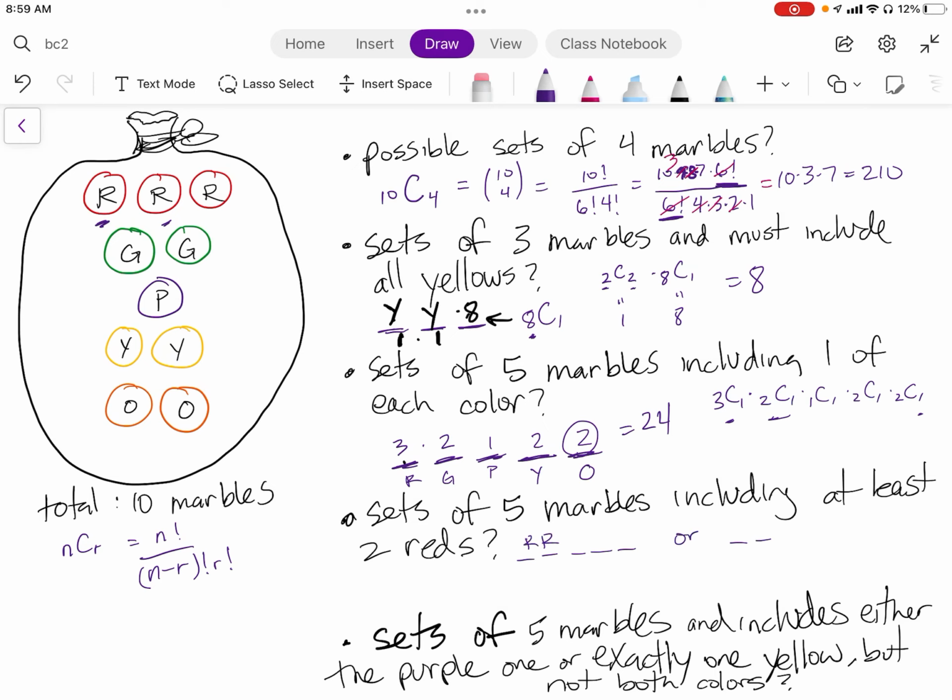Or I could have had a set of 5 with 3 reds since there are 3 of them. So in this case, you need to look at all the possible ways of this, right? That option of using only 2 reds and adding, anytime you have that or, you want to think add. That's the one time you're not multiplying these combinations.